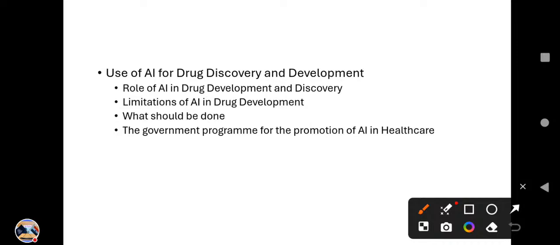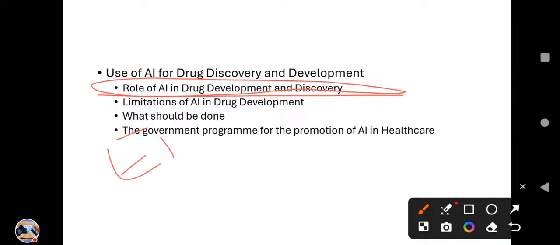Now we will look at the role of artificial intelligence in drug development and discovery, like enhanced target discovery. AlphaFold and RoseTTAFold are advanced tools of artificial intelligence which revolutionize discovery in the health sector.